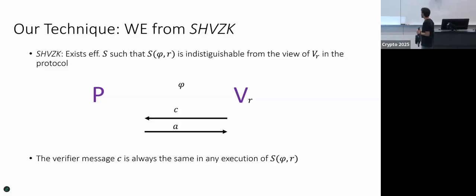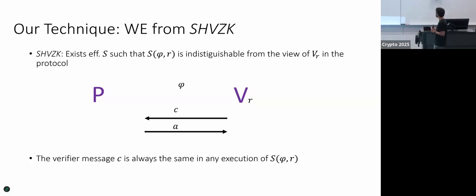The idea is that every time we run the simulator with the same random string, it simulates the verifier with the same randomness, which means that the verifier message is the same every time we execute the simulator with the same random string. The prover message can change, but the verifier message is always the same.